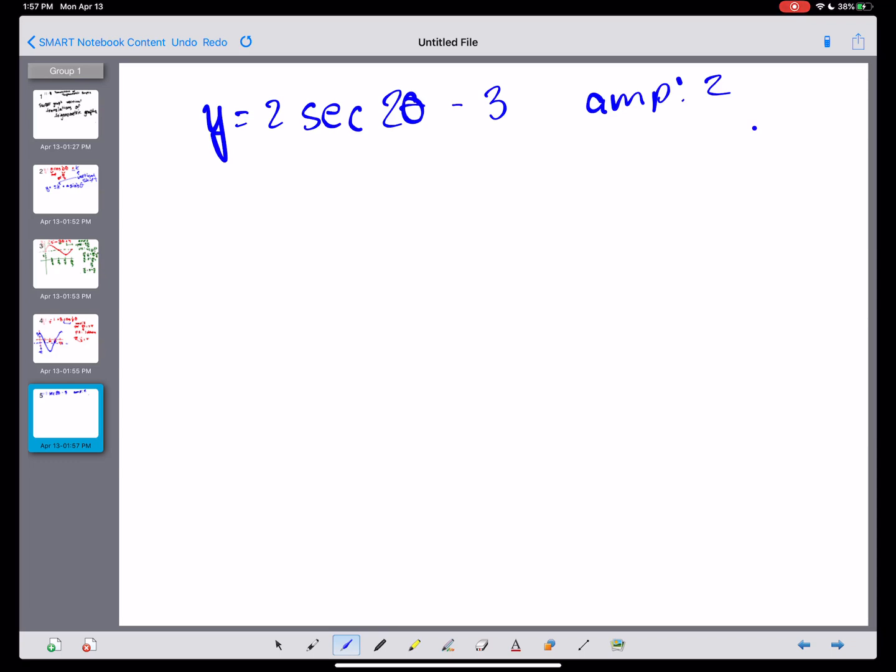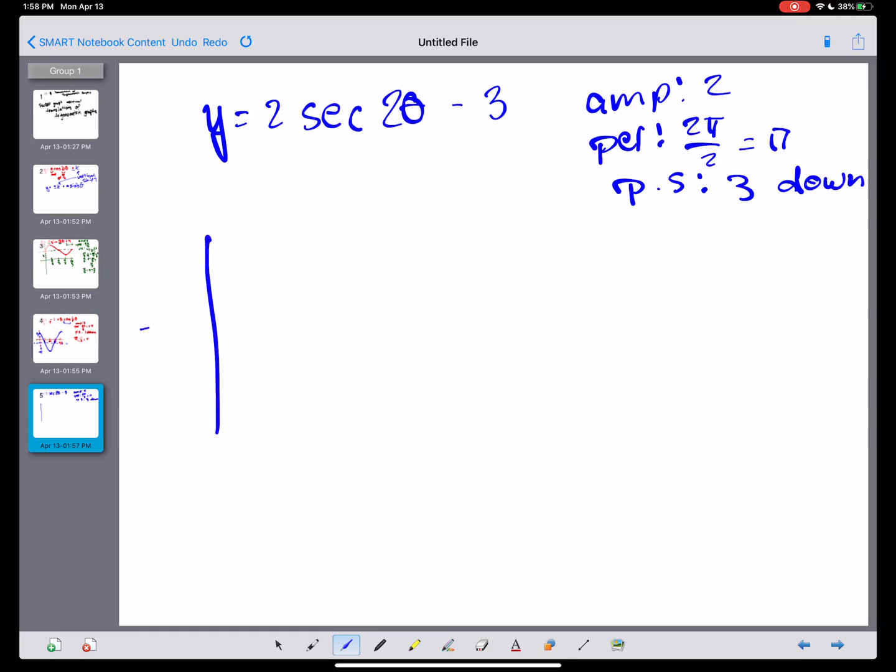that the idea of graphing out a secant is the same thing as graphing out a cosine, right? We have to remember that secant is really cosine. So I'm just writing down my basic information here. Now I'm just gonna graph, breaking down 4: 1, 2, 3, 4.